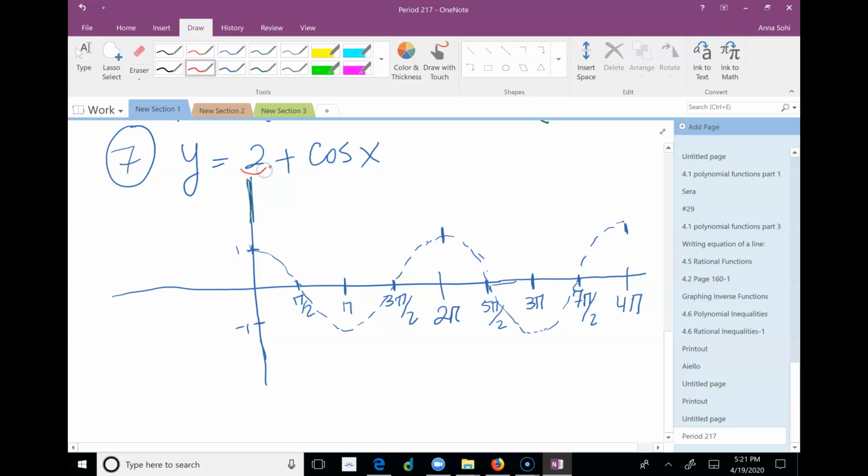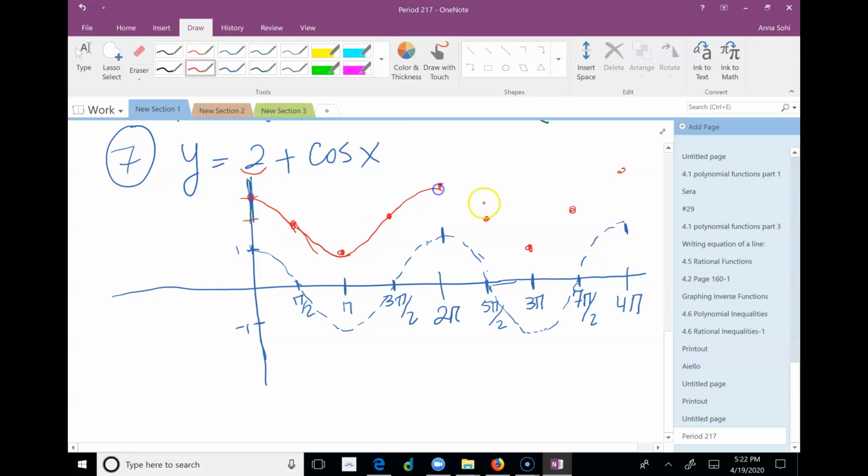Now the function says 2 plus cosine, so you're shifting it up 2 points. Every point will go up 2. So take every point and go up 1, 2, 1, 2, 1, 2, 1, 2, and 1, 2 back to 3.